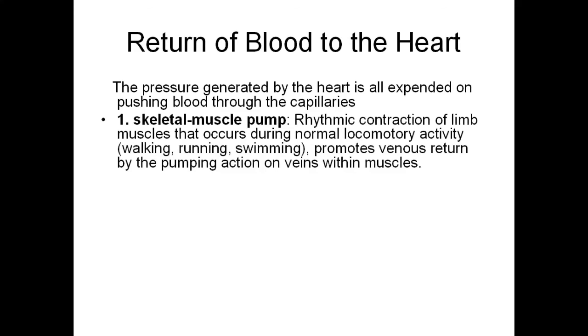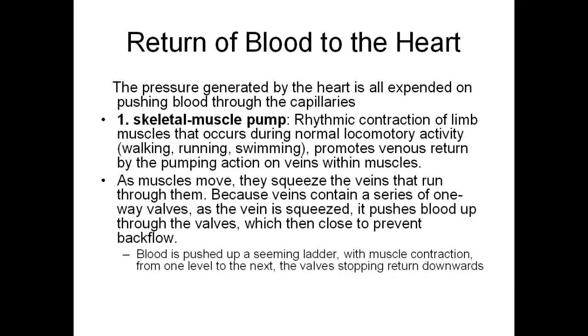It can't go back because there are valves which stop it going back, so it has to go up to the next level, and it's the muscle pump which pushes blood from below up above. As muscles move, they squeeze the veins. Because of the one-way valve, the blood can only go in one direction, up, and it's pushed up a seeming ladder.